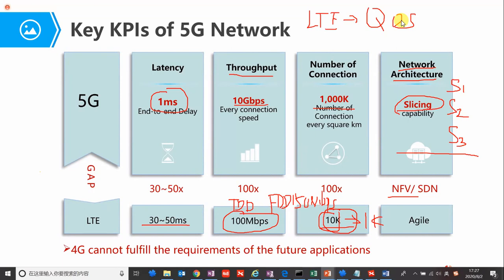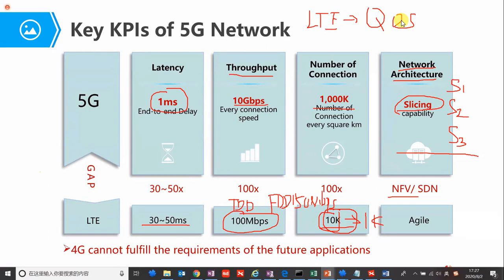Excuse me, I have a question. Please. For slicing capability, do you mean that each slice means a certain requirement for 5G? Yeah. But for LTE, the network architecture is fixed?